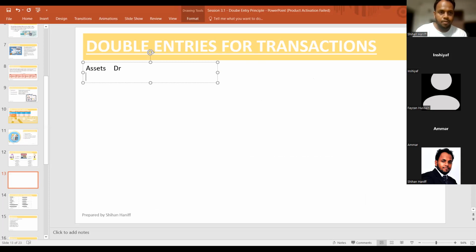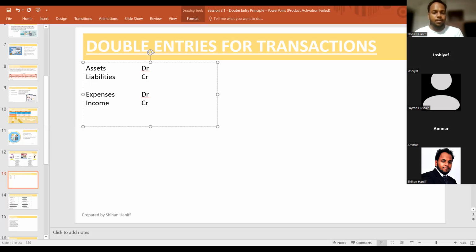Assets debit, liabilities credit. You can write this. Then expenses debit, income credit.